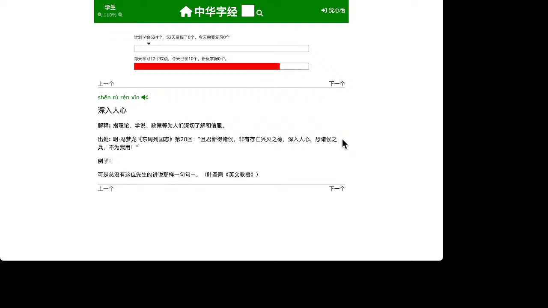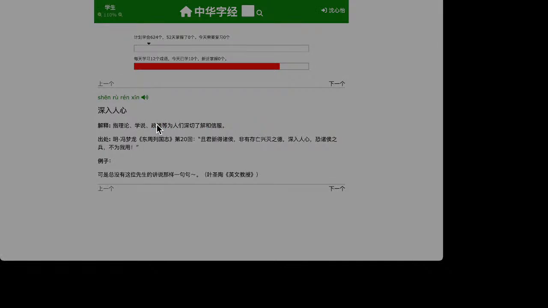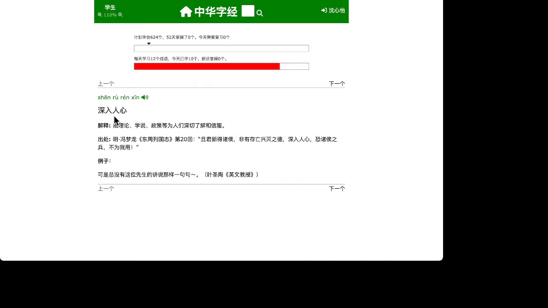深入人心. 深入人心. 深入 is deep, entering, going deep. 人心 the heart of a person. So this is talking about a theory or study, policies.